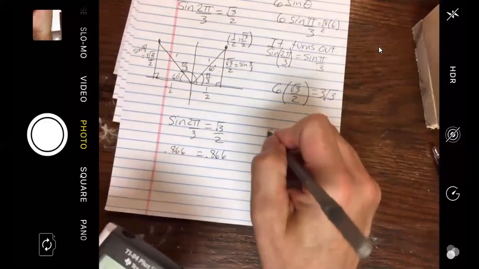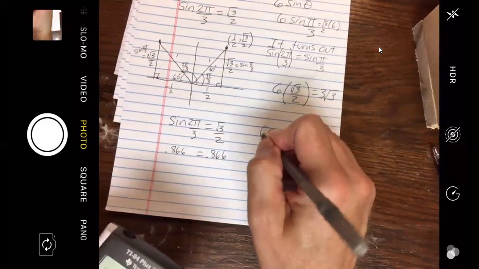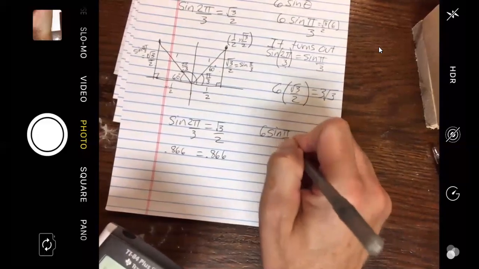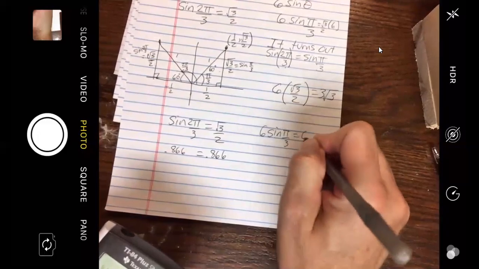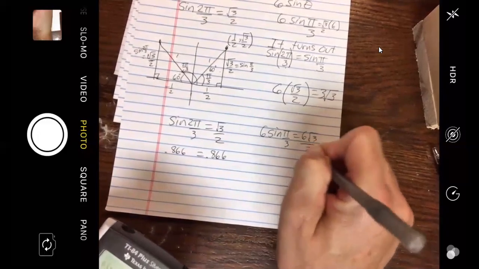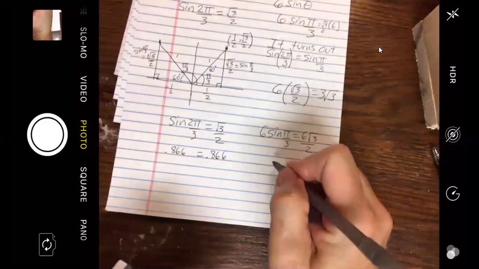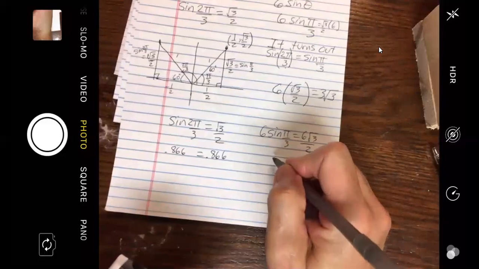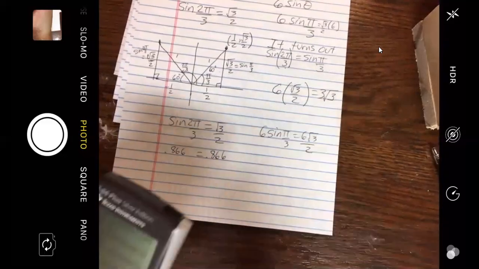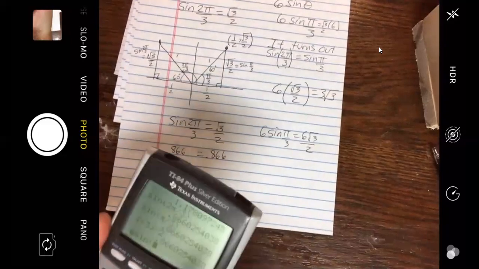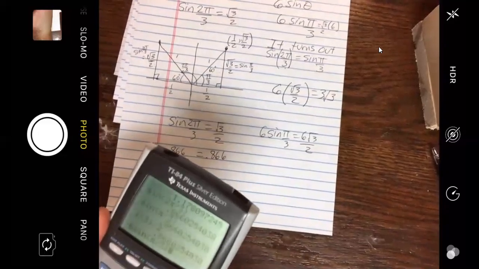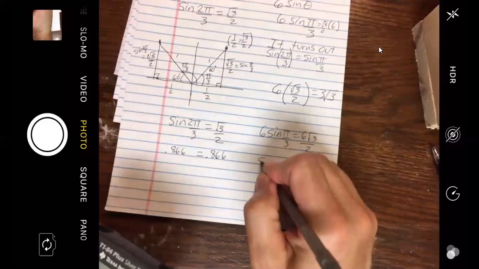All right. I've said that 6 sine of pi over 3 is equal to 6 times square root 3 over 2. I'll just punch it that way. Remember, we got, I'll punch it 6 sine pi over 3. That's 5.196.